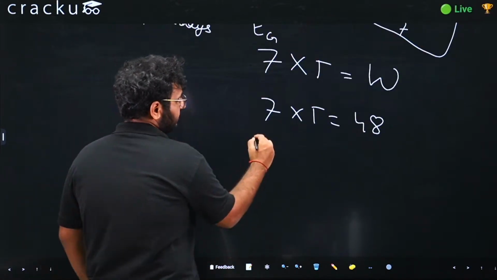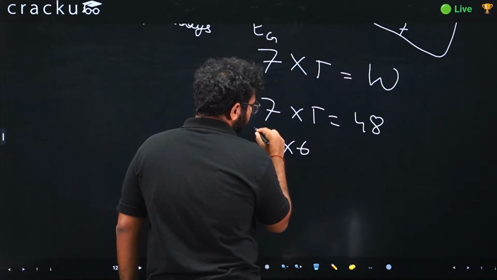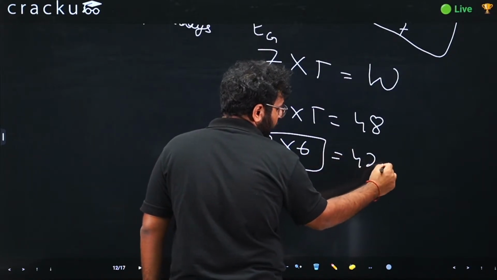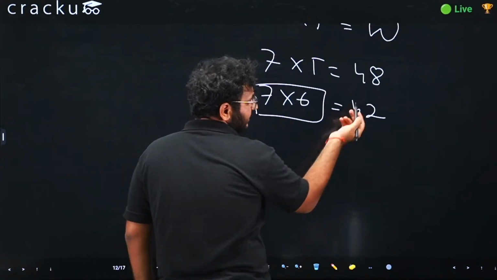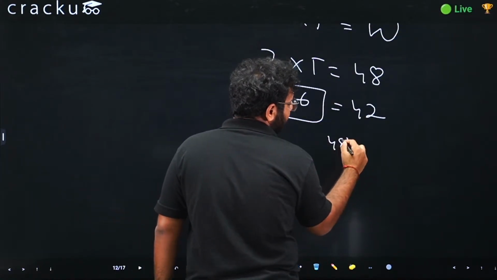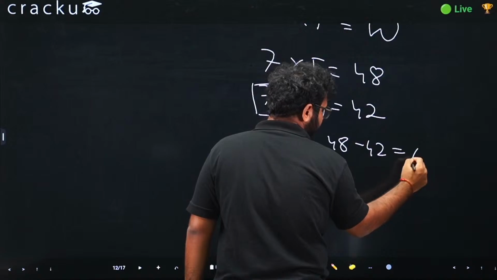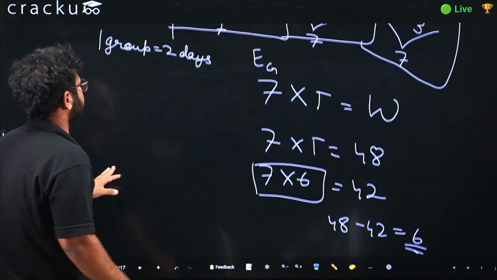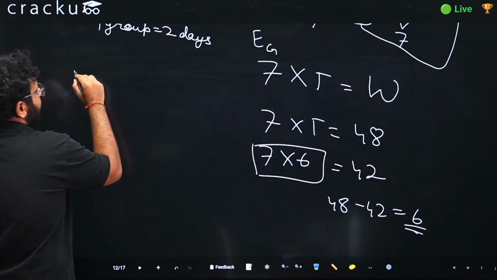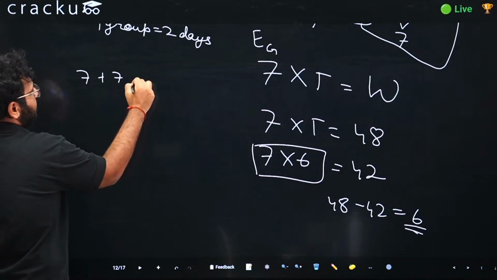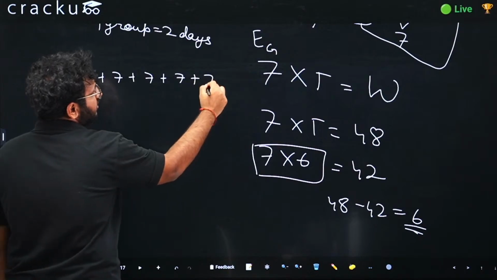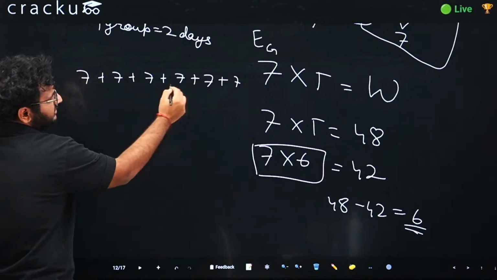So basically, 6 groups are made to complete the work of 42. Now 6 work is left, because 48 minus 42 is 6. Just imagine 6 groups of 7: 7 plus 7 plus 7 and so on, six times.